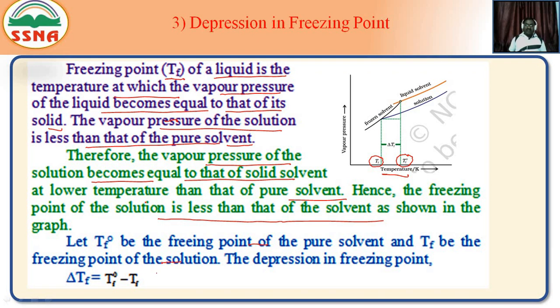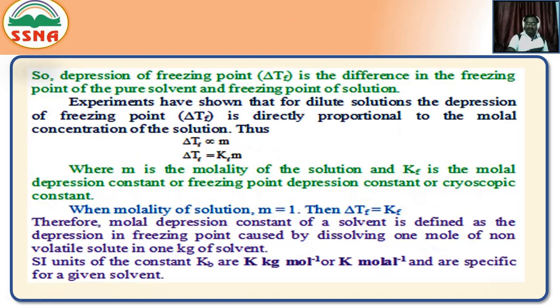Here delta Tf is equal to Tf naught minus Tf. So depression of freezing point is the difference between the freezing point of the pure solvent and the freezing point of the solution.